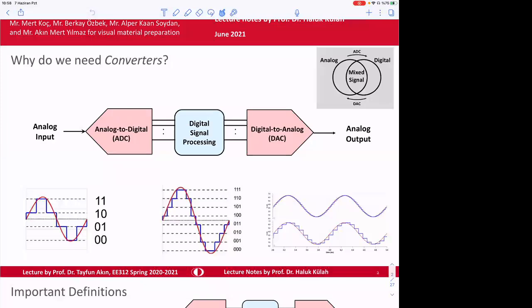So for the signal, we just use here a sample signal, let's say a sine wave. How can we represent that sine wave in the digital domain?